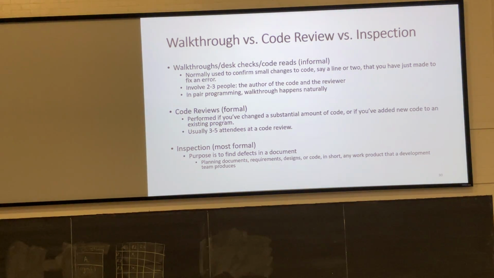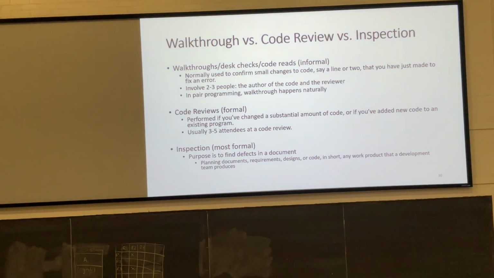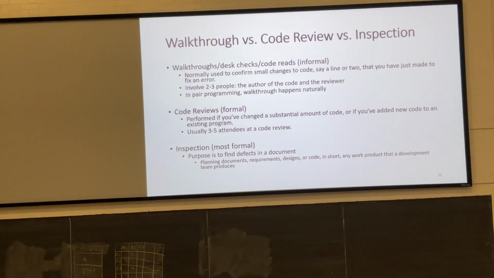So you're following all these software engineering best practices. These are all things you can incorporate into code reviews. So here you've changed a substantial amount of code. Somebody else is going to review your code, and normally this is a formal review meeting. Everybody's present, you're going to review the code, everybody's going to listen and see, okay, this is what is going on, and so on and so forth.